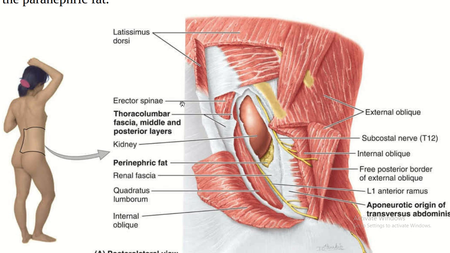Right, before we look at the blood supply and venous drainage, let's just take a look at this interesting diagram. So we have cut here and removed the skin. So this is how we have exposed our kidney. So remember the structures that I said were posterior to the kidney. You can actually see this is your subcostal nerve, which is T12.